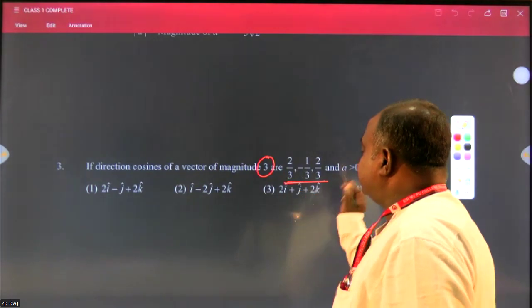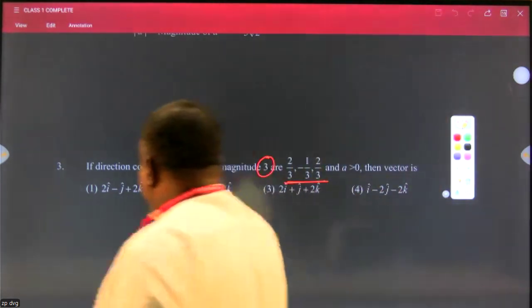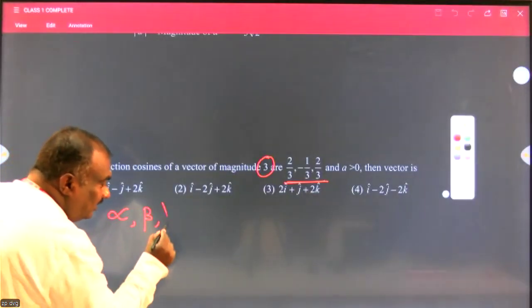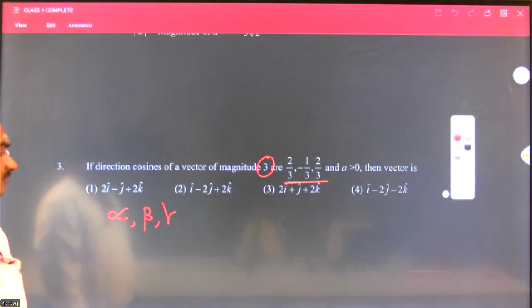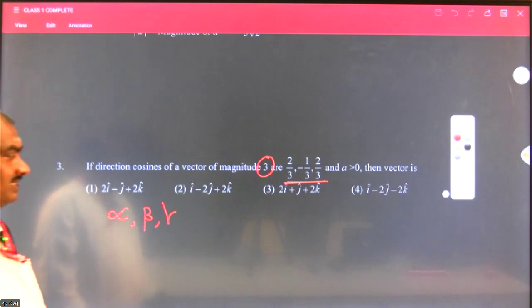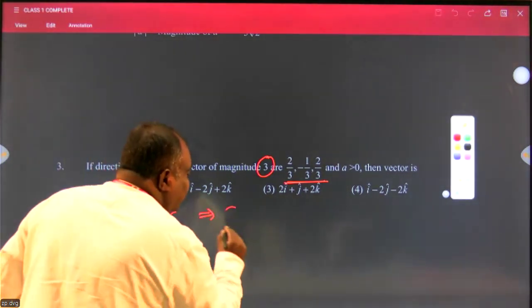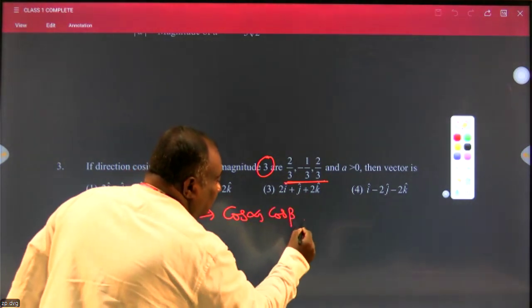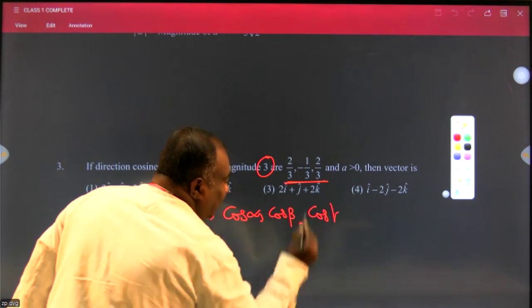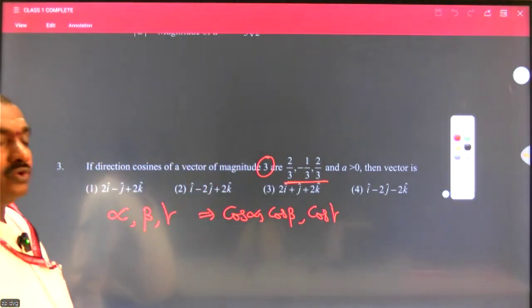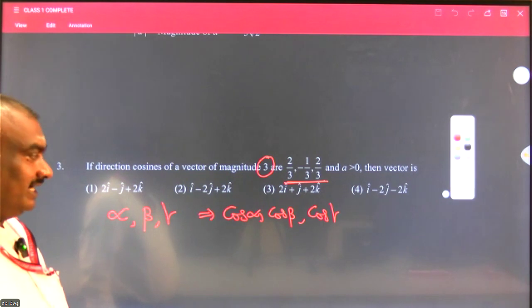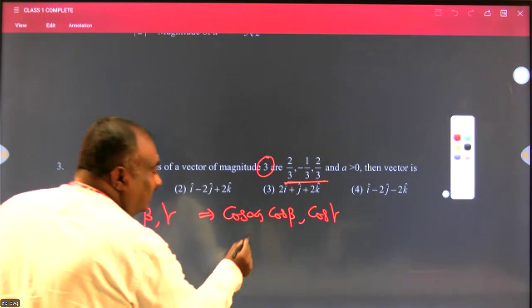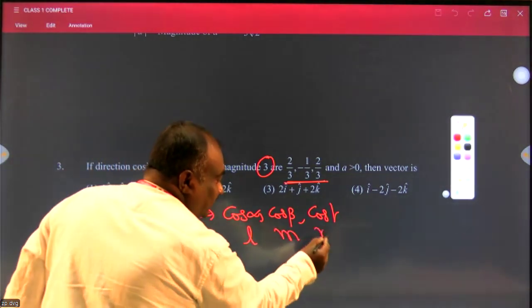If a vector makes angles alpha, beta and gamma with the positive directions of the coordinate axes, then cos alpha, cos beta, cos gamma are called direction cosines. Usually these are denoted by L, M, N.